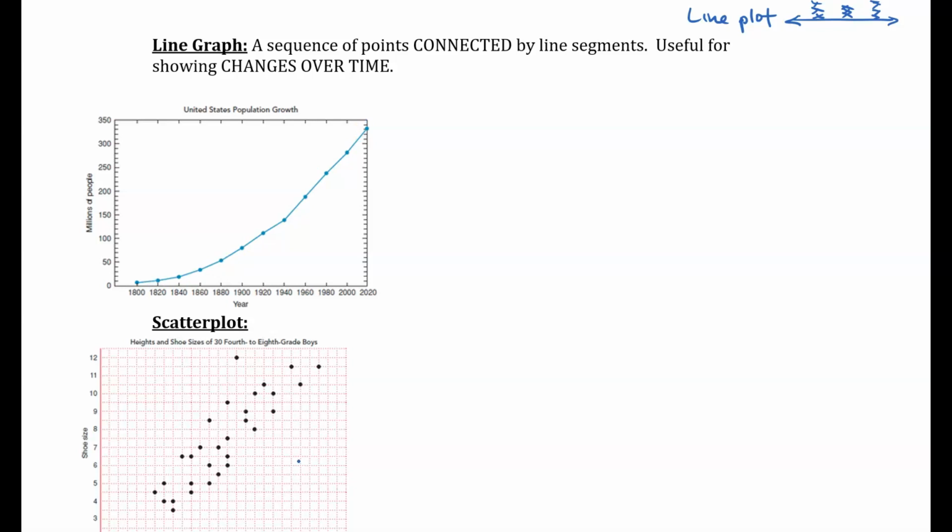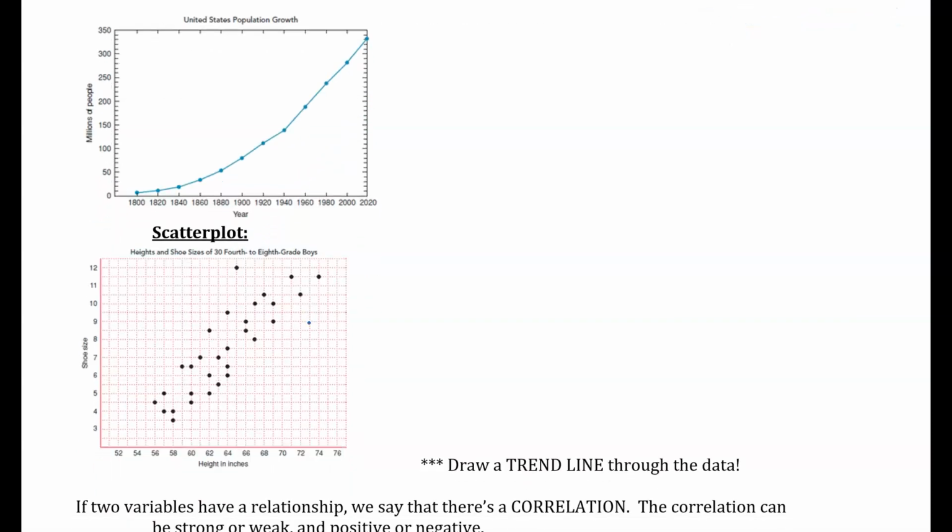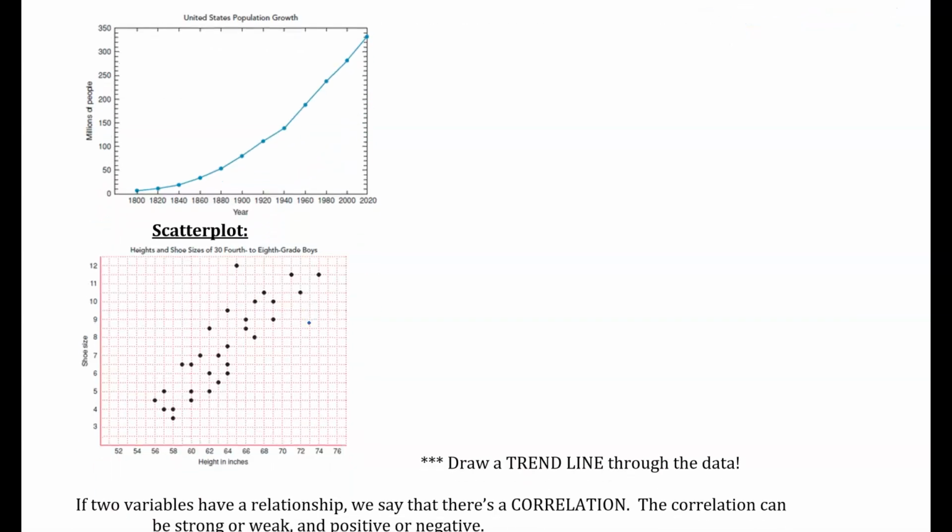This is in contrast to down below where we see a scatter plot. It's tempting to think that a scatter plot is just a graph where points are scattered all over the place. They're not necessarily scattered. A scatter plot is just a graph of ordered pairs.